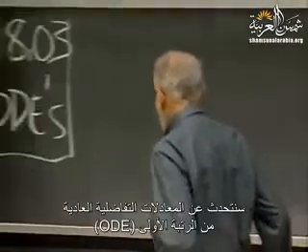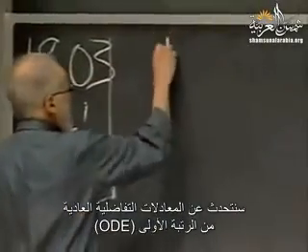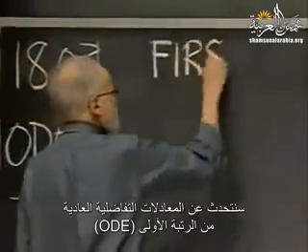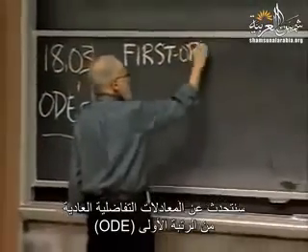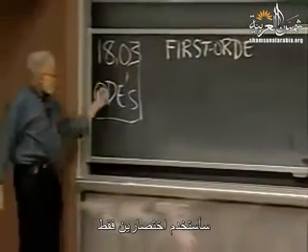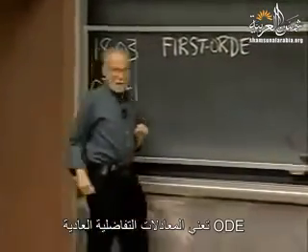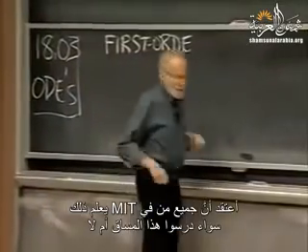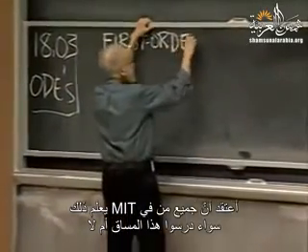So we're talking about first order ODEs. I'll only use two acronyms. ODE is ordinary differential equations. I think all of MIT knows that, whether they've been taking a course or not.